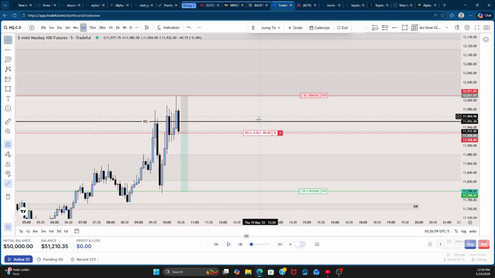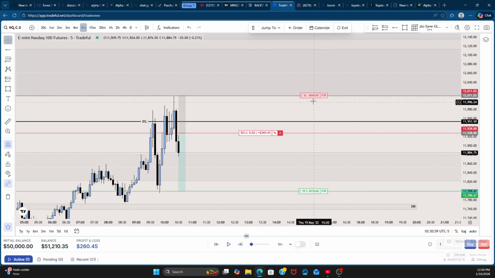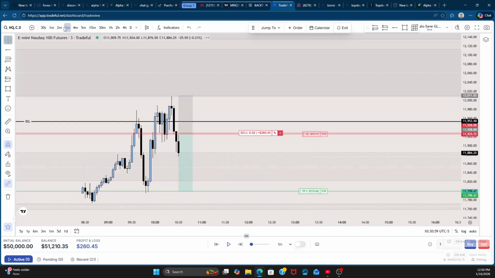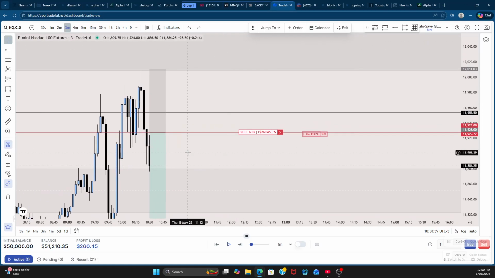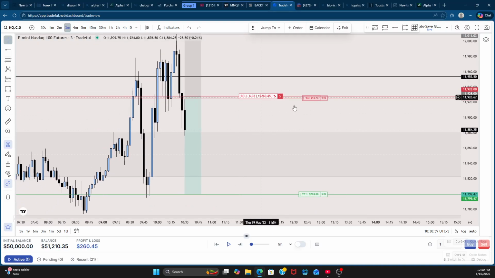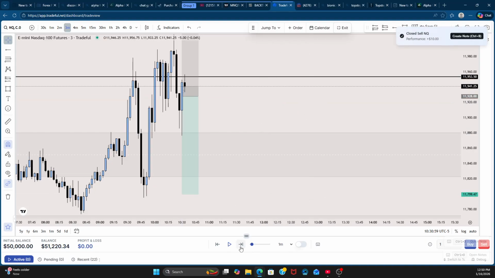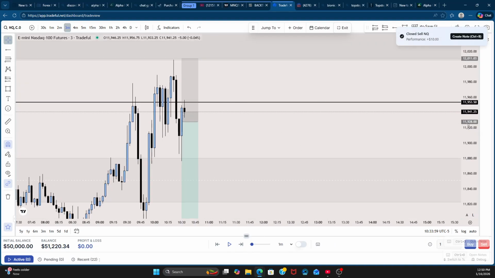Oh, wait, I already have the trade going. Shit. Alright, we're break even. Why? Because we hit that unfilled 5 minute. MEC short right now. Damn. Alright, we get a break even.